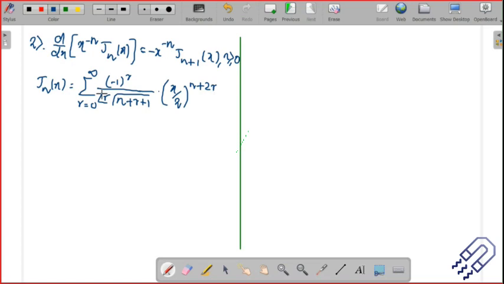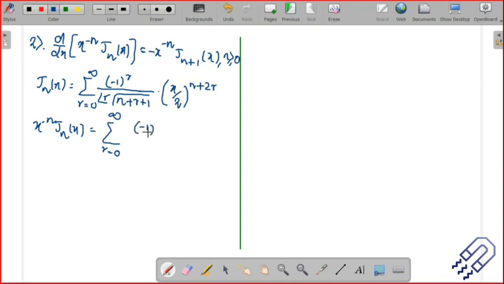So to start from there, you are going to take x to the power minus n now, because on the left hand side we have got x to the power minus n K_n(x) is equal to summation. Take care of this step, this is very important. We are taking minus n, so we are mixing it up with x to the power n plus 2r.